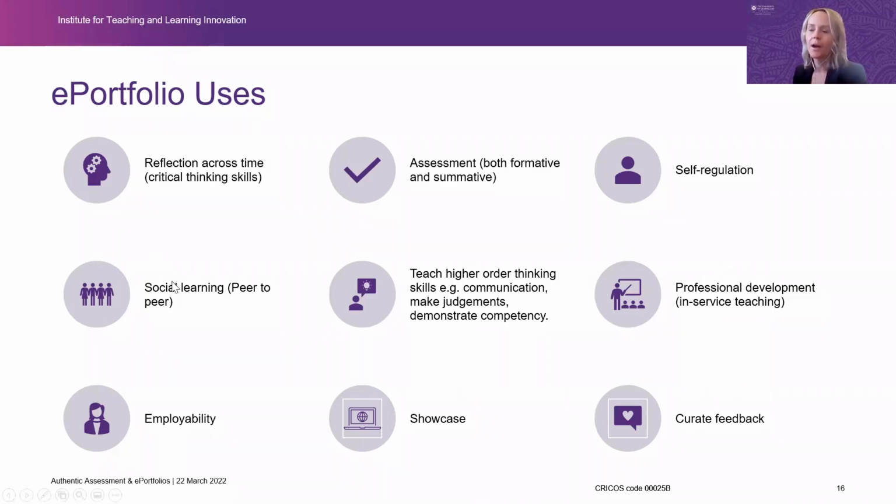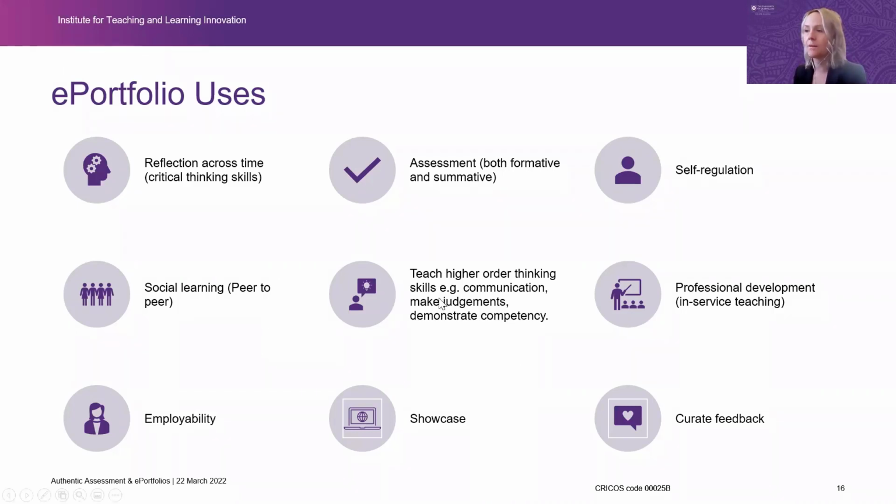Social learning, peer-to-peer learning, it's students working in groups and then documenting that process in their portfolios. In addition to critical thinking skills, other higher order thinking skills like increasing communication, making judgments around the quality of their work and the work of others, that's called evaluative judgment, and demonstrating achievement of competency.